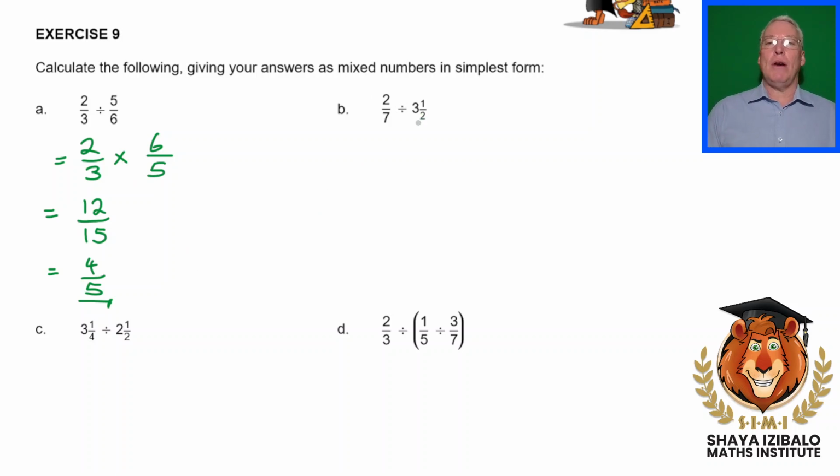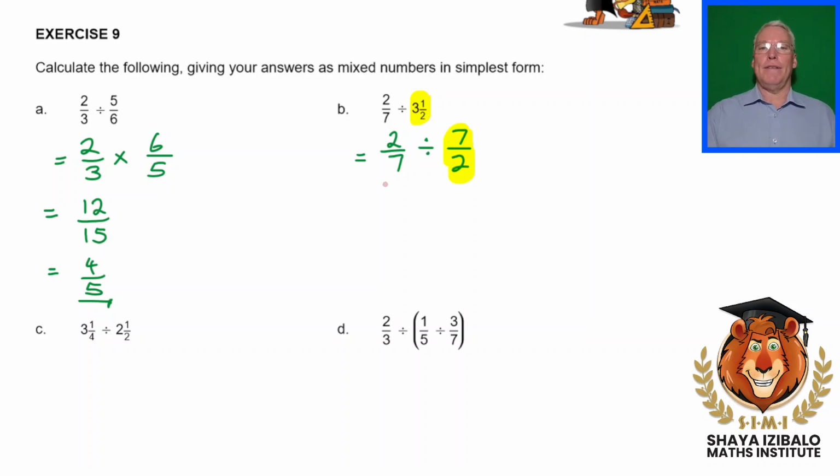All right, whenever we are dealing with improper fractions or mixed numbers, so 3 1/2, we need to convert that first into an improper fraction. Remember, we multiply 3 by 2, we get 6, plus 1, we get 7 over 2. I haven't done anything yet other than change this number into an improper fraction. Now, a really important idea.